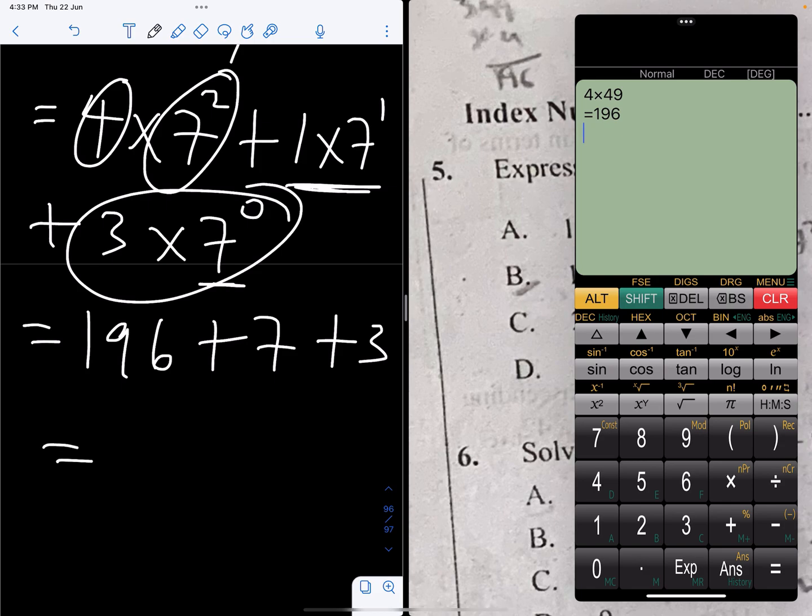That simply means 196 plus 7 plus 3, which is 206.